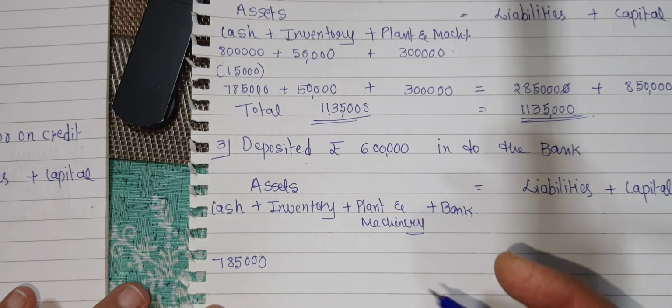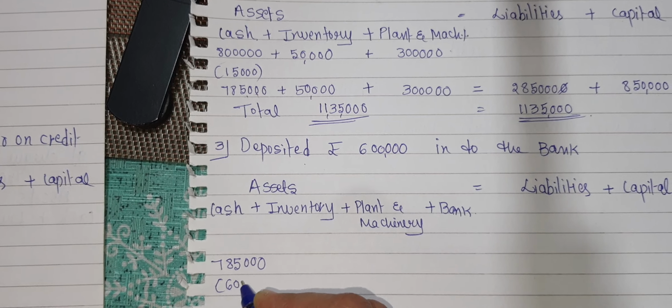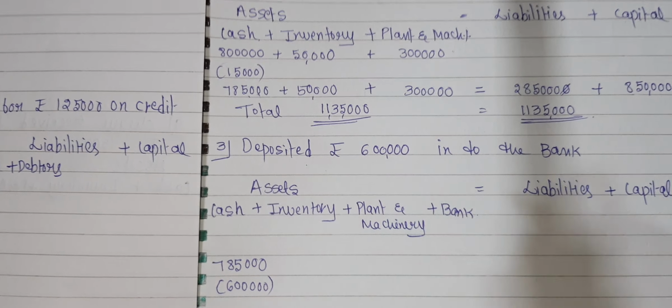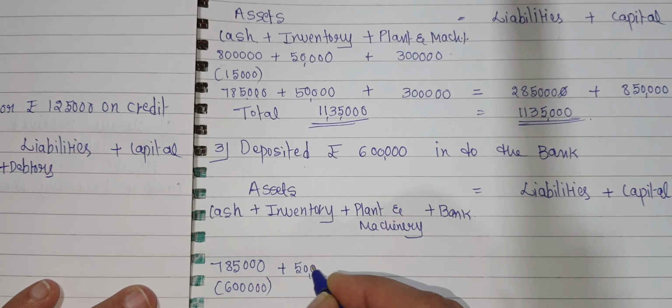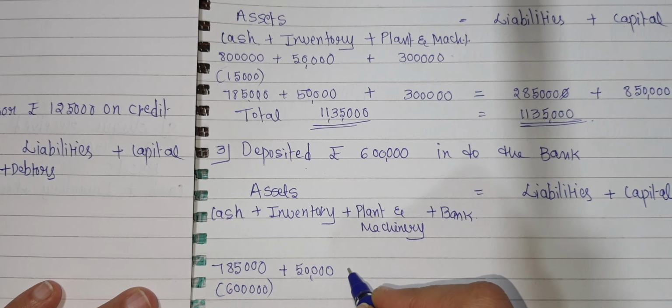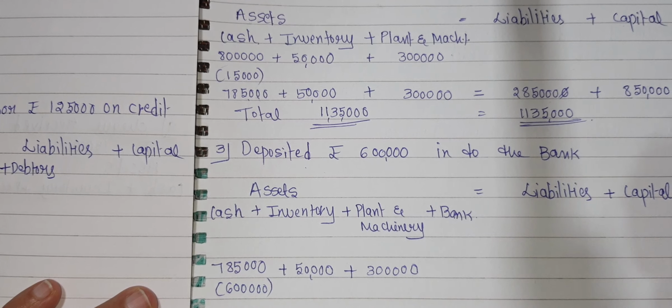7,85,000. And out of 7,85,000, we have deposited rupees 6 lakh into the bank. And inventory, that is the same rupees 50,000. And plant and machinery, that is rupees 3 lakh, purchased in the second transaction.